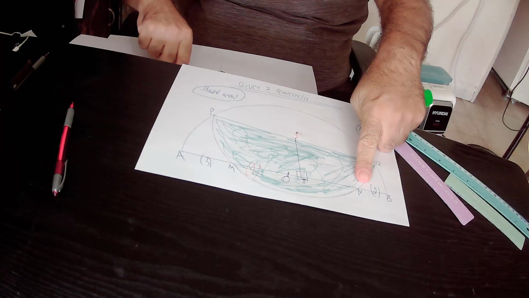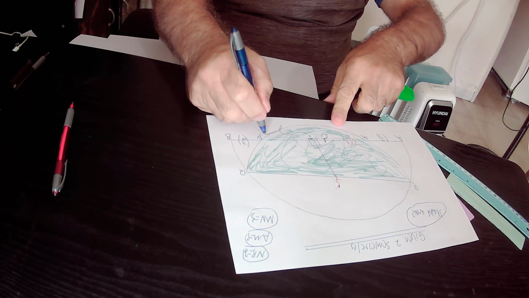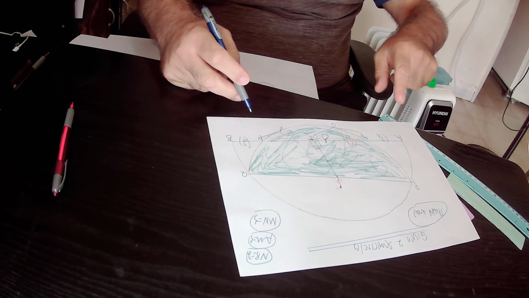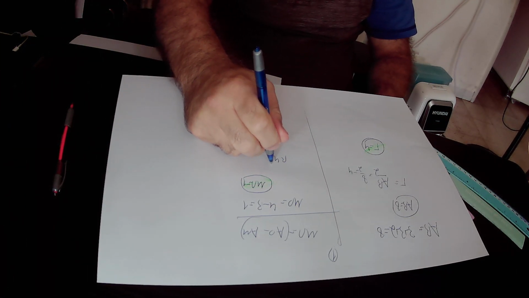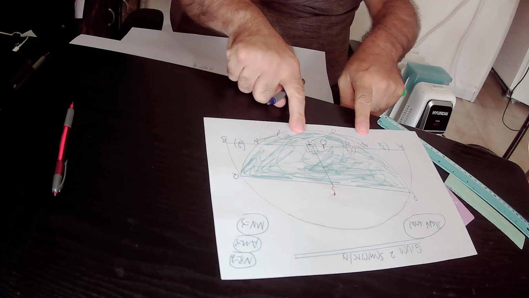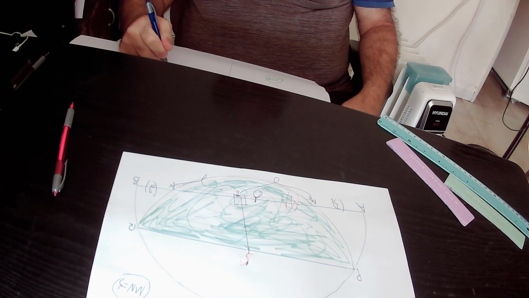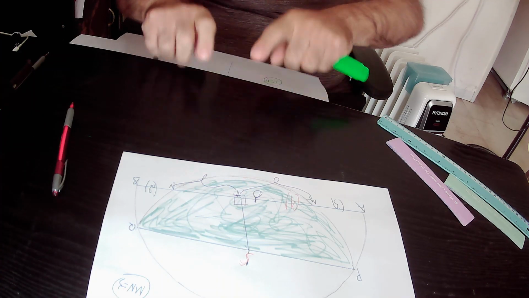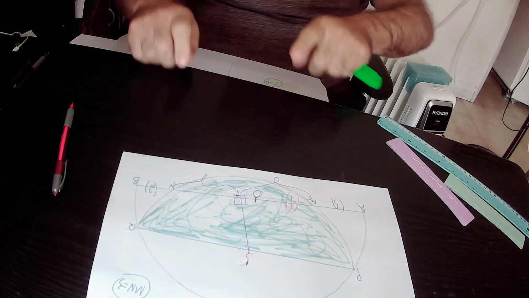That is to say, the first half MT must be equal to the second half TN, and each half must be equal to MN over 2.